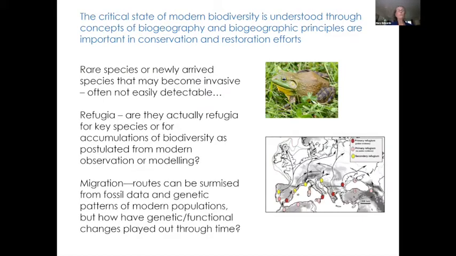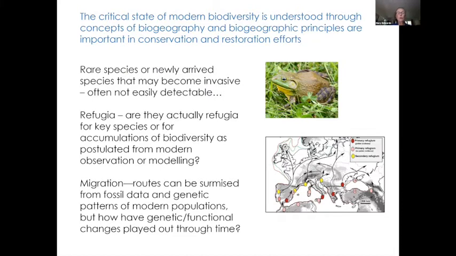And then the whole idea of process through time, as Sandra talked about, where we have, for example, refugia, postulated from observations of modern distributions, modern genetic patterns and modeling. Are they actually refugia? What has happened in those places through time?